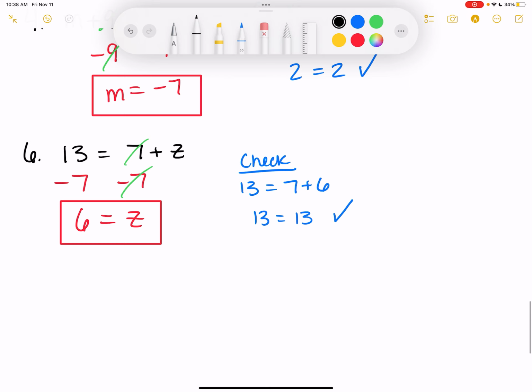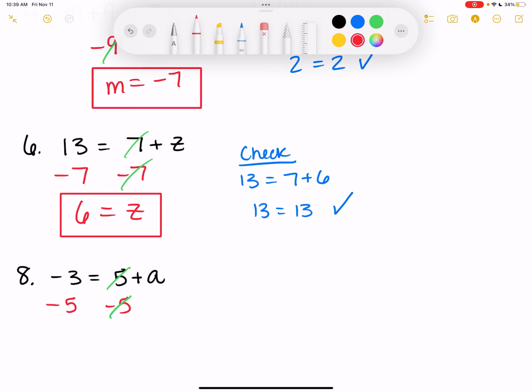All right, number 8. -3 equals 5 plus a. So what should I do here? Yep, subtract 5 on both sides. Those cancel. So you're left with a on the right, and then -3 minus 5 is what? -8.